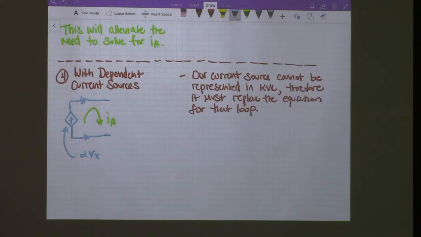Okay, that's equal to alpha times Vx. But we're not going to be able to define KVL for that loop that IA is flowing through. Therefore, what we're going to end up with is using that expression right there. The dependent current source itself will define how IA is in turn defined. And then you'd have to just integrate that with the other equations that you have.